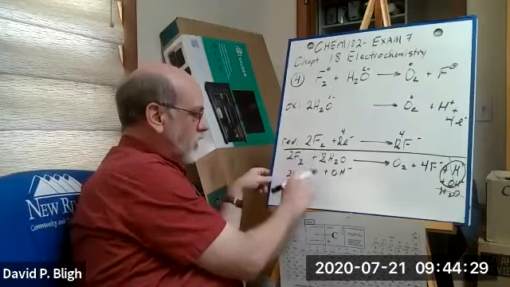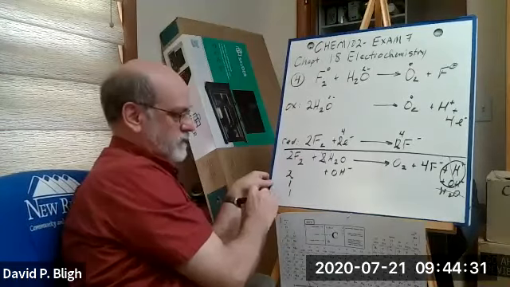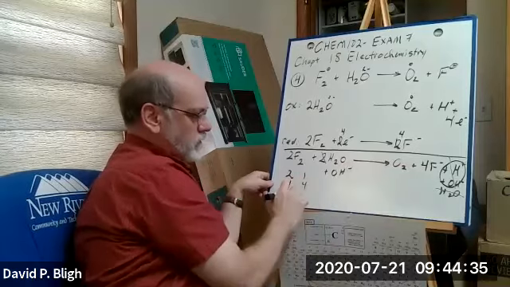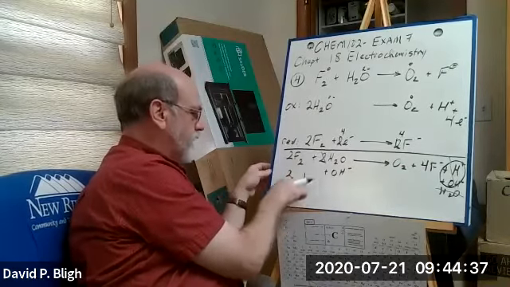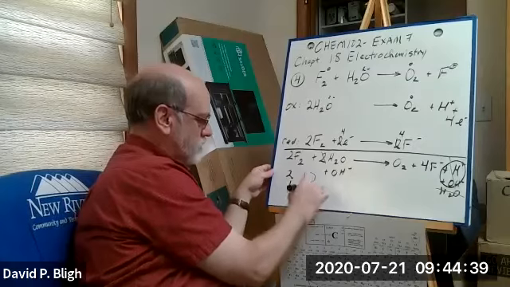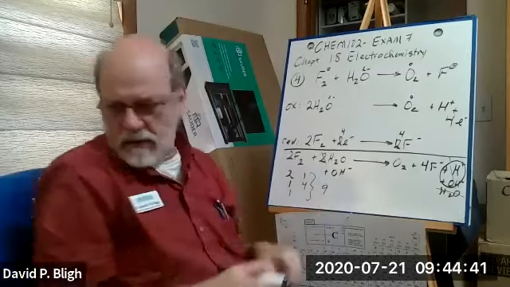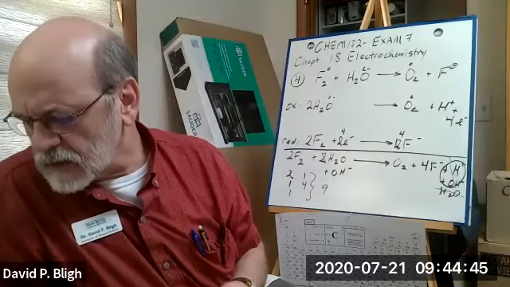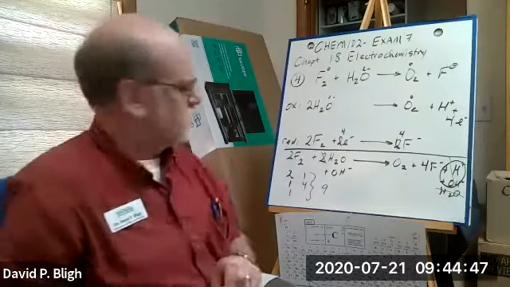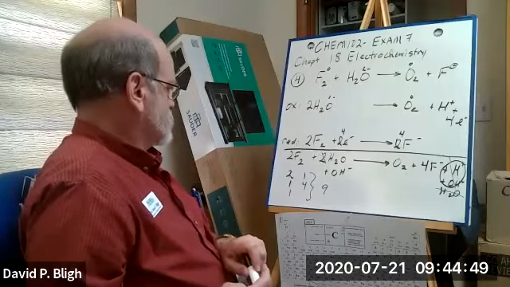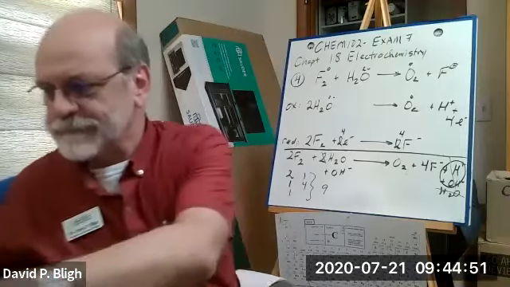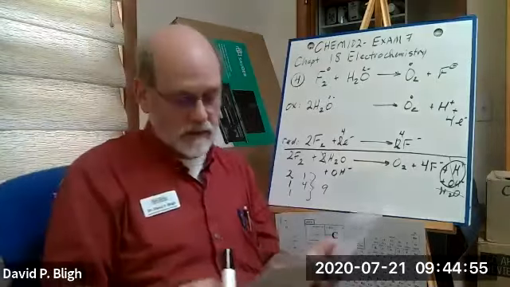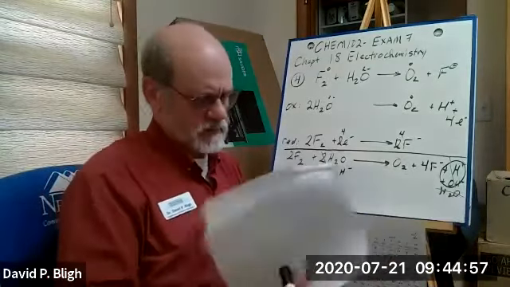So 2 plus 1 plus 1 plus 1 plus 4. That's it. 4, 5, 6, 7, 8, 9. And let's see. I did something wrong. What did I do wrong? I missed something.